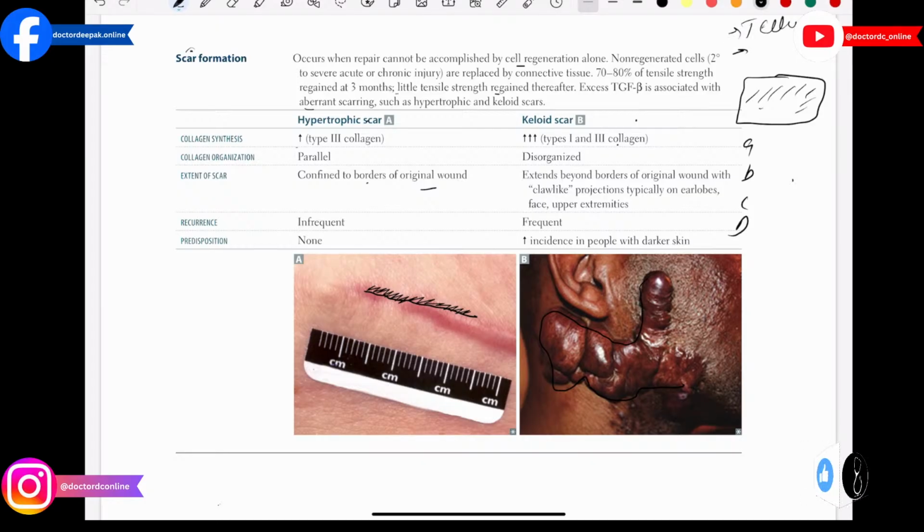Second, pick the background information, history, allergic history, family history. Third, ask yourself what the question is asking from me. So first, what the question is telling you; second, the basic background history; and third, what the question is asking. These are the important things you have to remember.